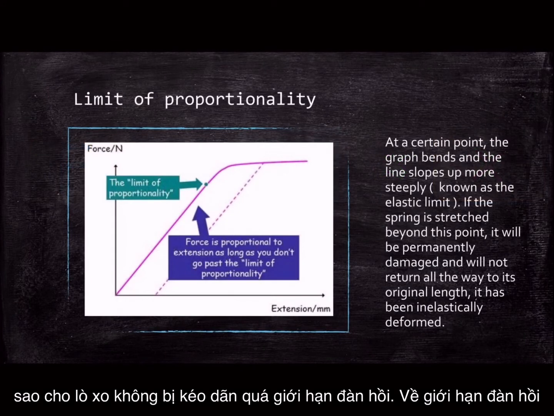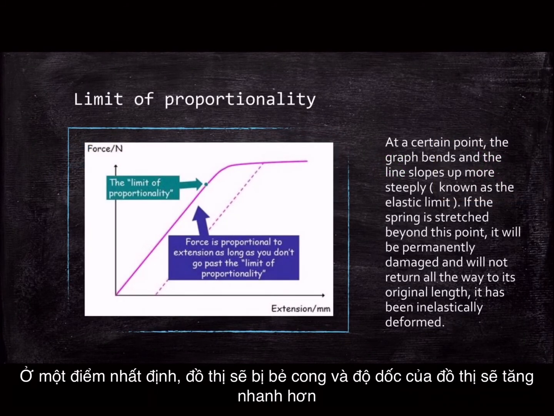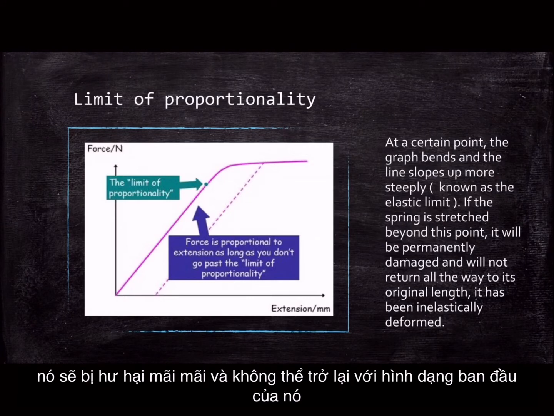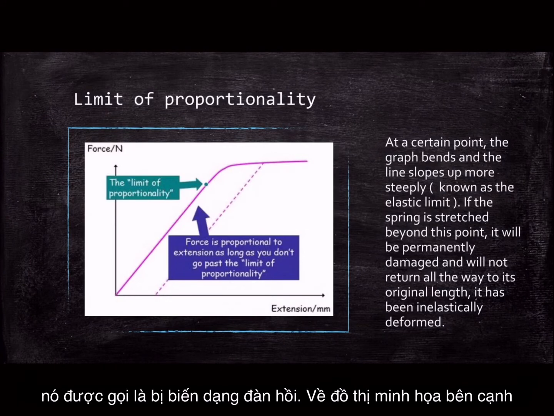About the limit of proportionality, at a certain point, the graph bends and the line slopes up more steeply, and it is known as the elastic limit. If the spring is stretched beyond this point, it will be permanently damaged and will not return all the way to its original length. It has been inelastically deformed.